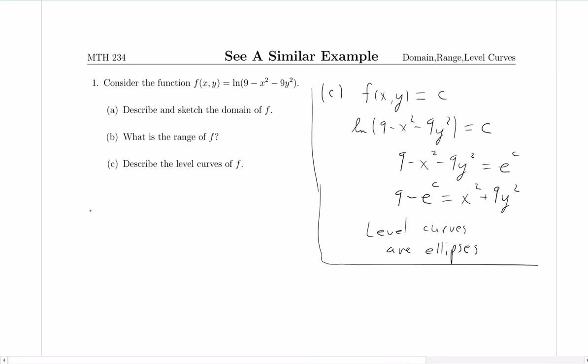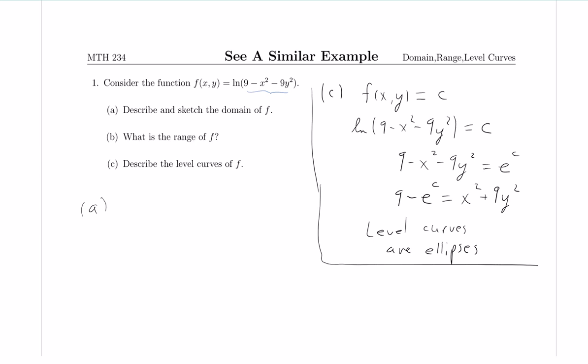Okay, let's move on. Part A. What's the domain of the function? Well, if you look at how the function is written, there's one thing that we should look out for. We have a logarithm. So whenever you have a logarithm, we know that you are not allowed to put anything 0 or negative into the logarithm.